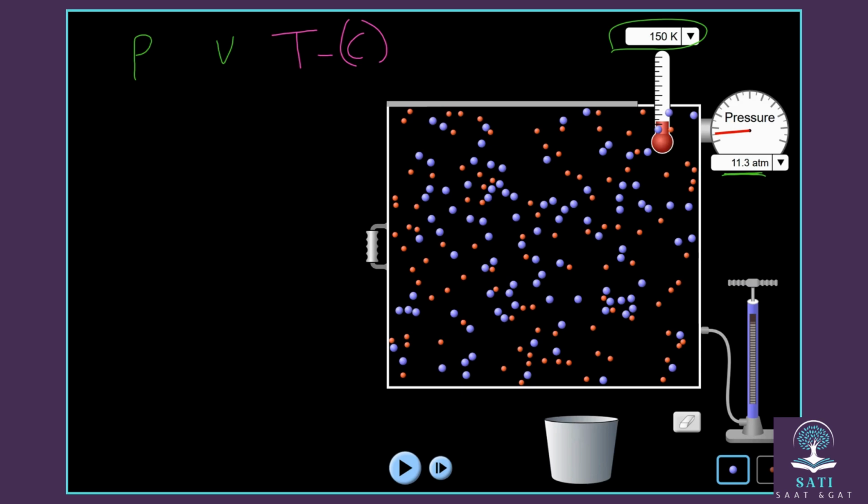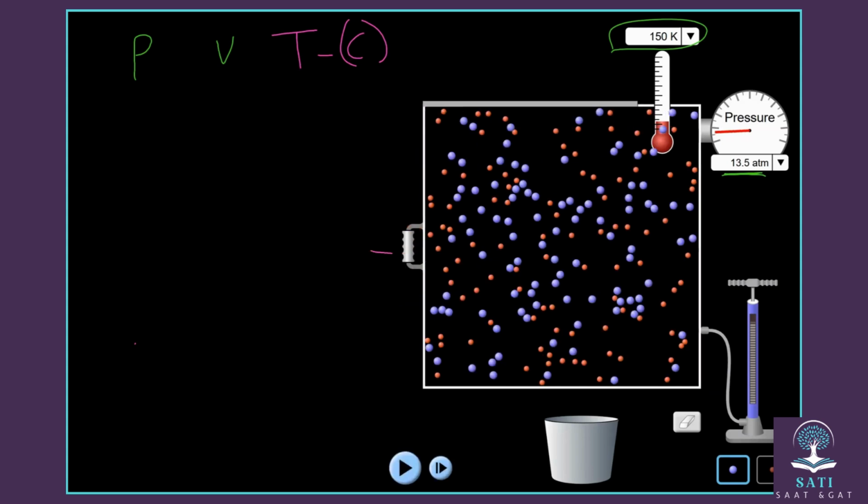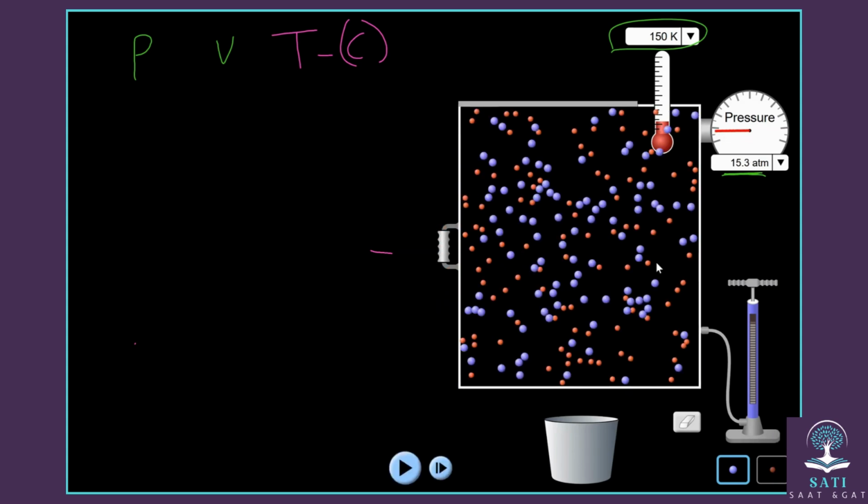Okay, what will happen? What will happen if we decrease the volume? If we decrease the volume, what will happen for the pressure? Okay, if we decrease the volume, by the way, this volume now, when it is decreased, as you see, what happens to the pressure? So when I decrease the volume here, as you see, what happens to the pressure here?